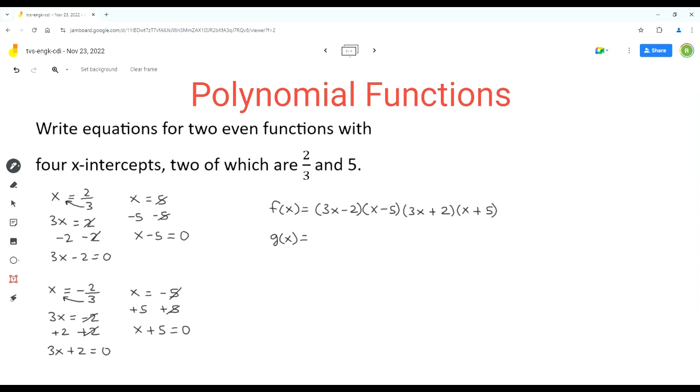So the second possible equation can be, so this should be the final answer for this problem. So these are the steps you have to keep in mind to solve a problem like this one.